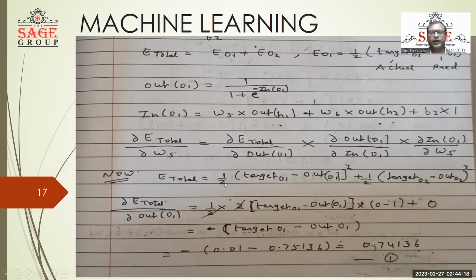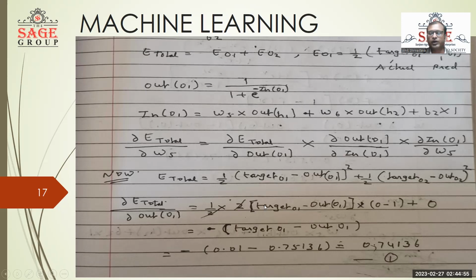Now, E total is half of target O1, that is my actual output, minus out O1, that is my predicted O1, the whole square, plus half into target O2 minus out O2, the whole square, right? Now, when I do the del E total upon del out O1, then what will happen? When I partially derivate this with out O1, this 2 will come out.